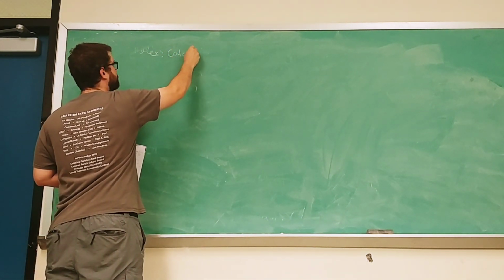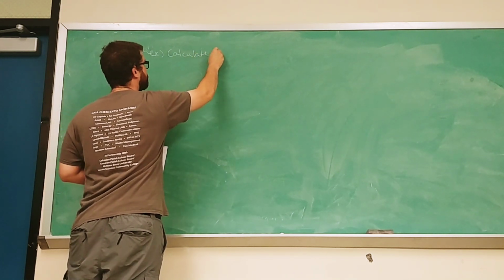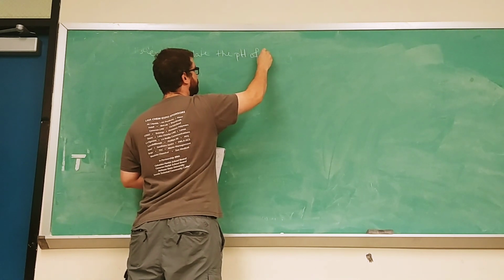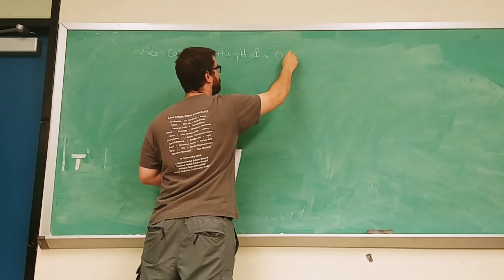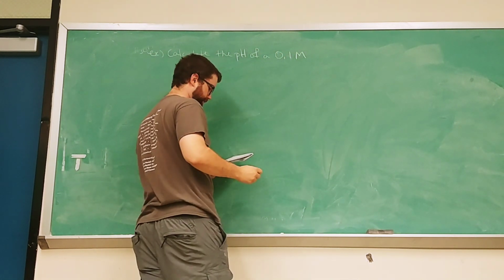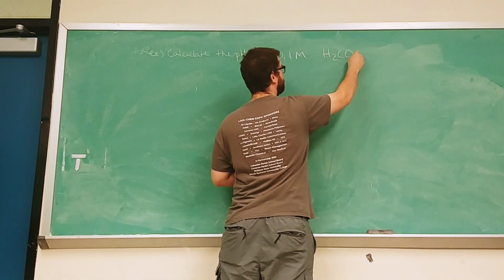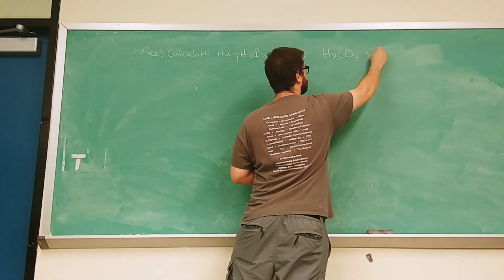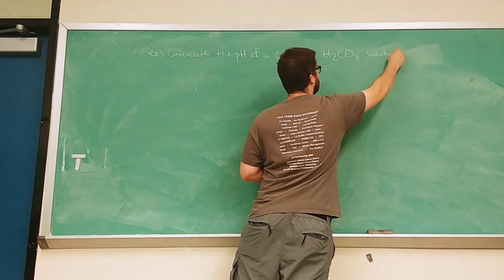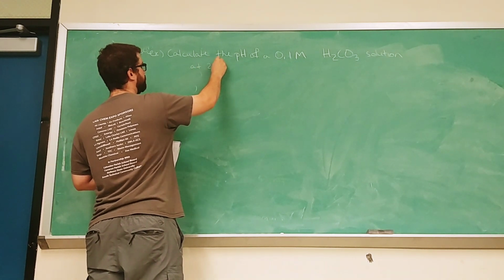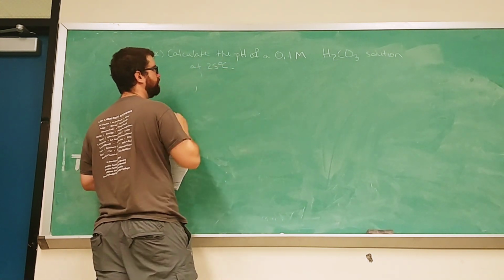Let's calculate the pH of a 0.1 molar carbonic acid solution at 25 degrees Celsius.